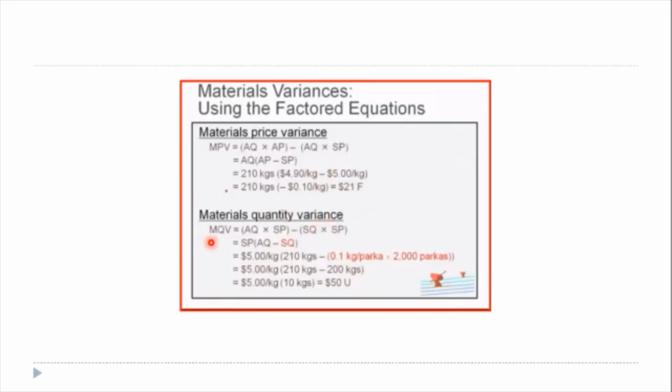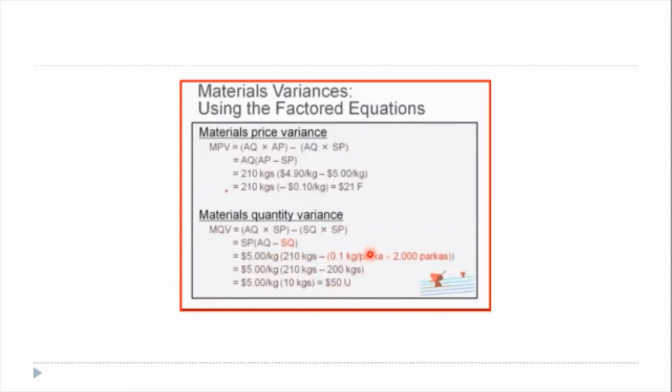Materials quantity variance, again, we use the same formula, but this time the price is going on the outside and the quantity on the inside. And we work it out again, we get our $50.